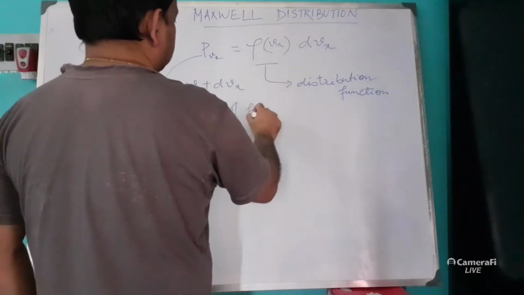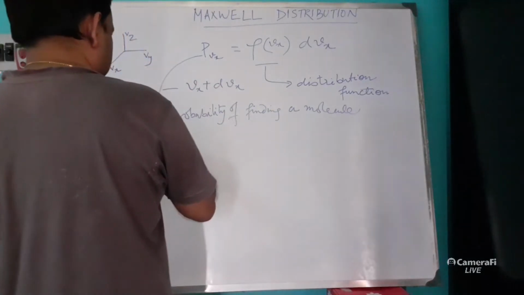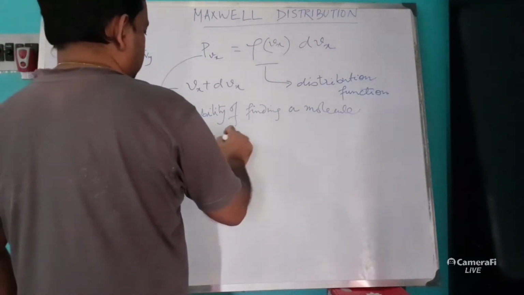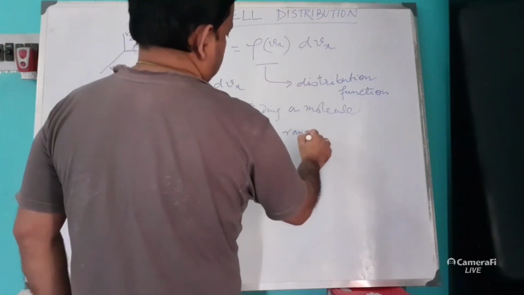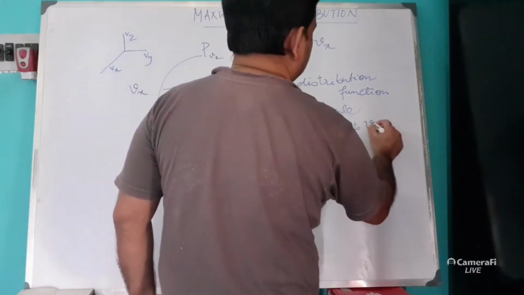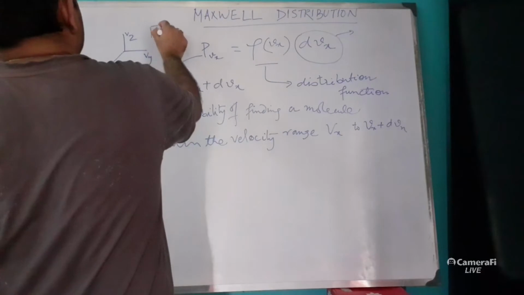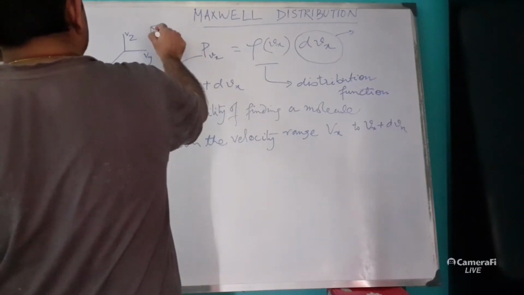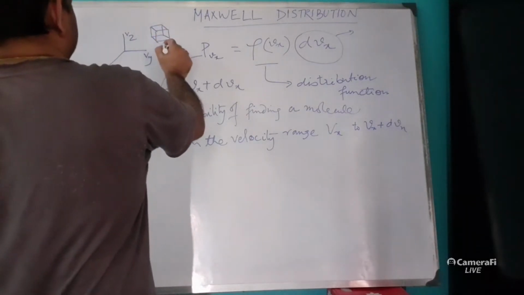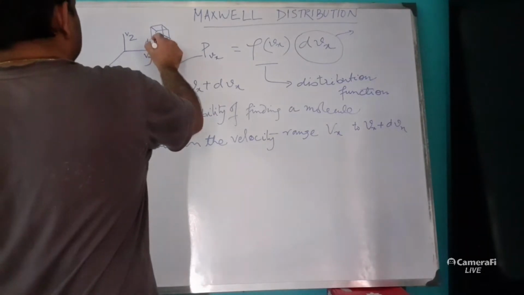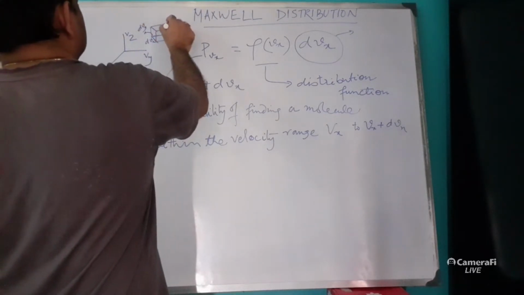of finding a molecule within the velocity range Vx to Vx plus dvx, and this dvx is the elementary cube considered in this dimension in the Vx, Vy, Vz frame, having sides dvx, dvy, and dvz.